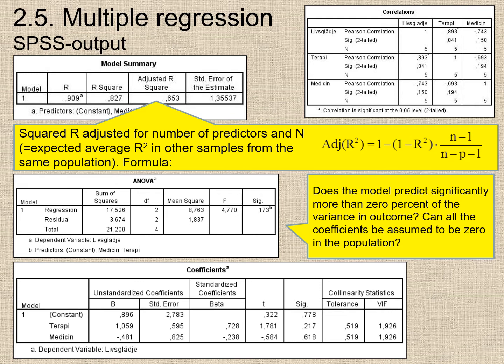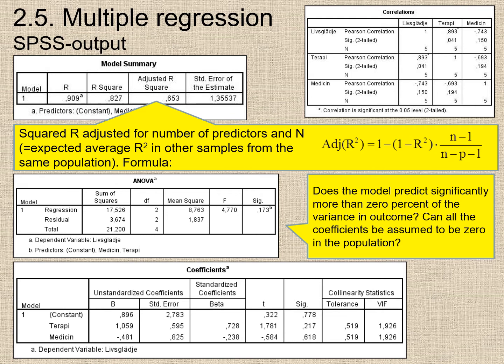And if it was significant, what conclusion did we draw in one-way ANOVA? At least two of the populations differ. Here, at least one of the regression coefficients differs from 0. If this is non-significant, we draw the conclusion that all regression coefficients for all predictors might be 0 in the population. They might all be 0.